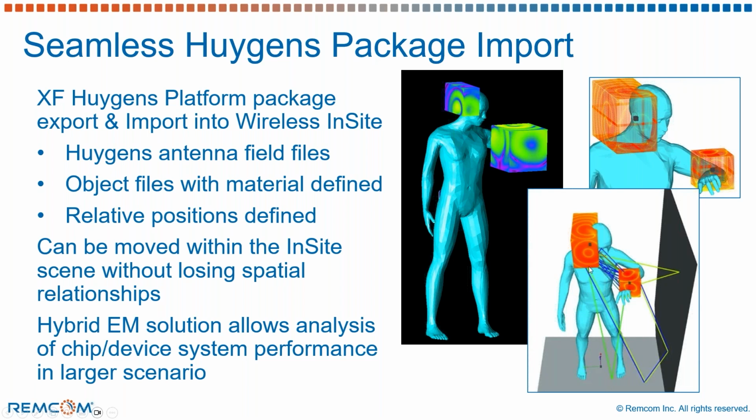And this is a very simple scene, but you can see how these rays are interacting with some geometry that is no longer in the near field of these antennas, to move from one antenna to the next. So this hybrid concept here allows, for example, chip or device analysis, system performance, to be done in a much larger or complex environment.